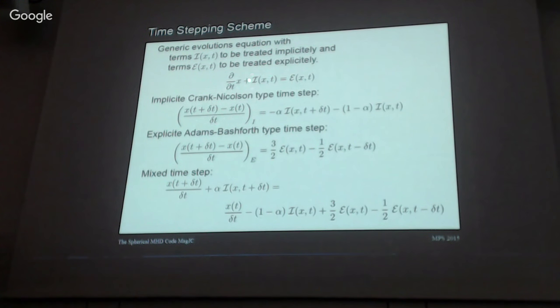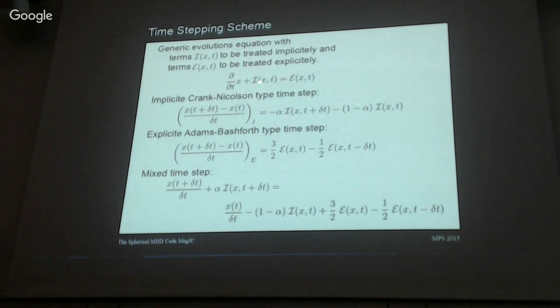The contribution to this time step from the implicit part is basically these terms I at the time t plus delta t, weighted with the weight alpha, and then the information from the current time step, weighted with one minus alpha. So you want to know the x at time t plus delta t, and with an implicit time step you also use these terms at time t plus delta t, and these from the last time step.